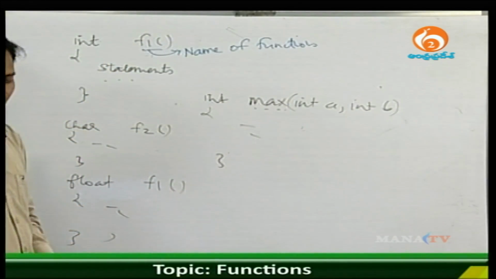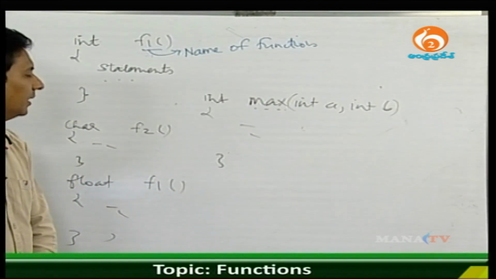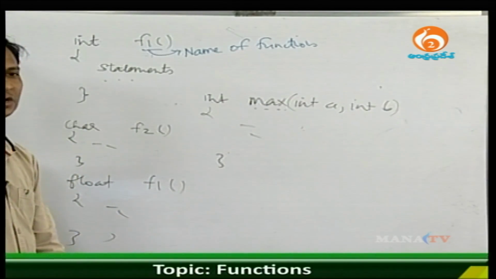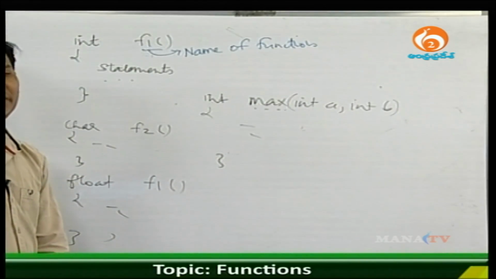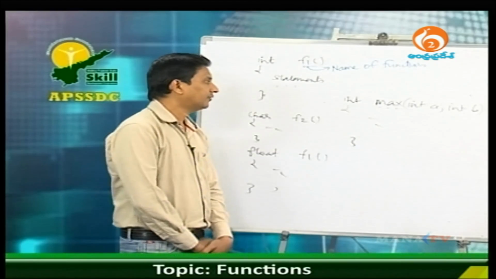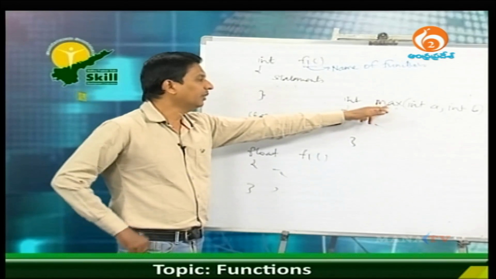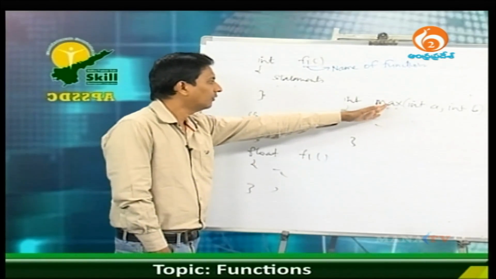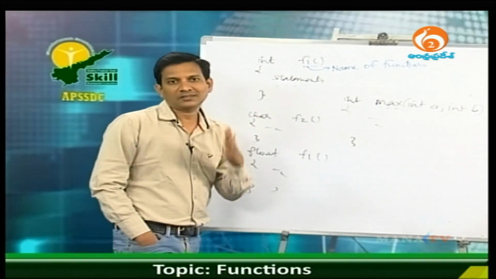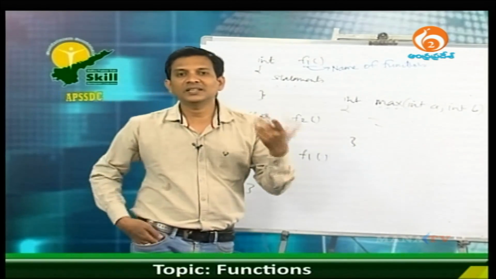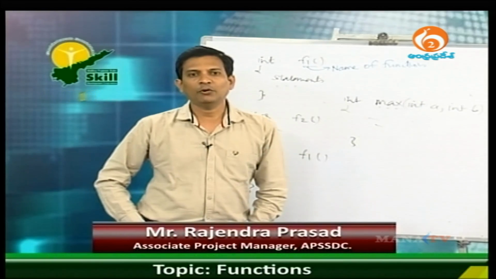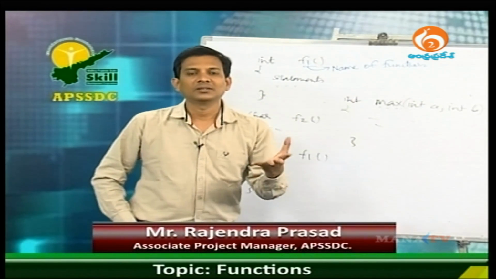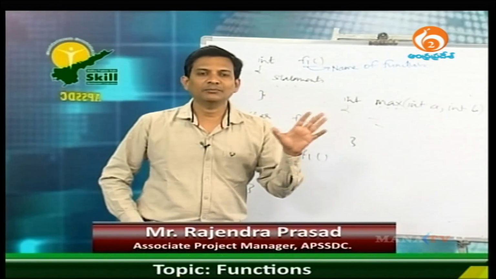Generally, the naming convention for a function is based on whatever the operation is. For example, yesterday we wrote the largest of 3 numbers, so a related name is assigned to the function. If you want to find an even or odd number, it is better to name the function even or odd. For a prime number, the function name should be prime number.